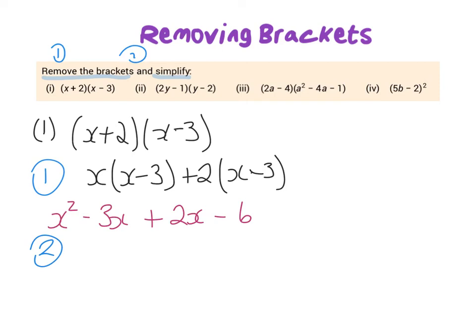And to simplify this expression, we simply go x squared, and a plus and a minus will give me a minus x minus 6. And I have now answered the question. You try question 2, part 3 and part 4.